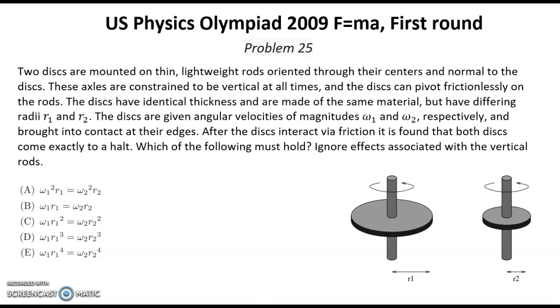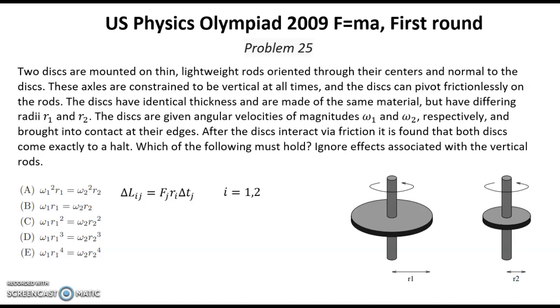Solution. First, we can write the equation for how angular momentum changes over time. Suppose that the force of friction F_i acts on both discs for the time delta t_i. It acts on each disc, so these two forces are equal to each other.